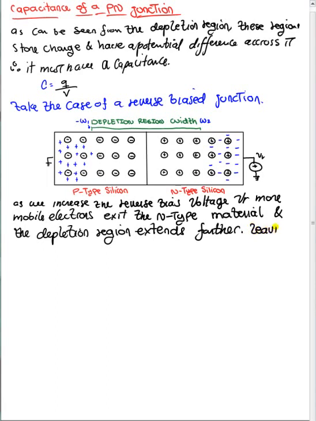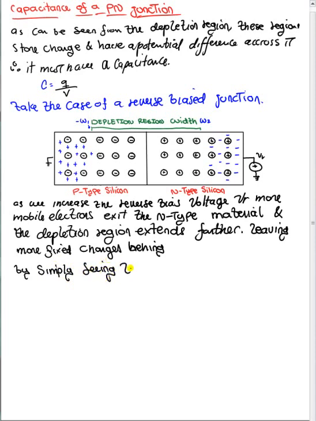So, leaving more fixed charges behind. We also know, simply seeing that capacitance is equal to the change in charge over the change in voltage, that when you increase the voltage, you have more fixed charge now.